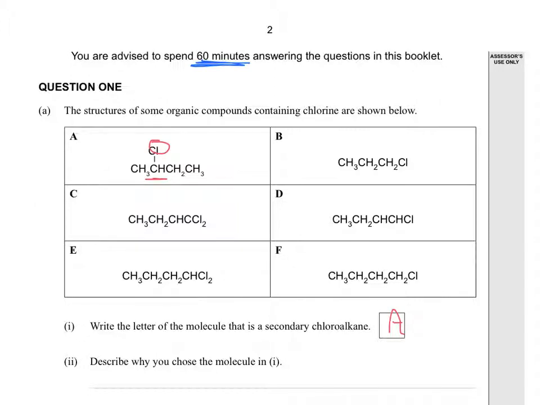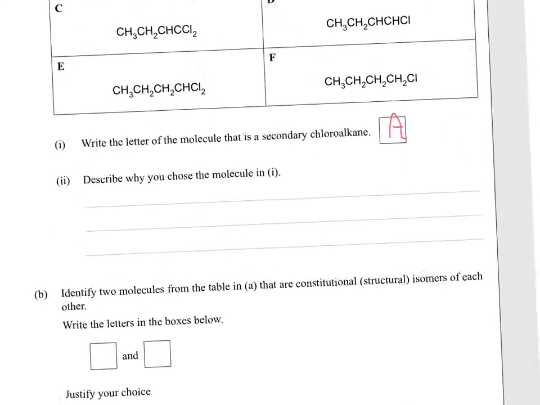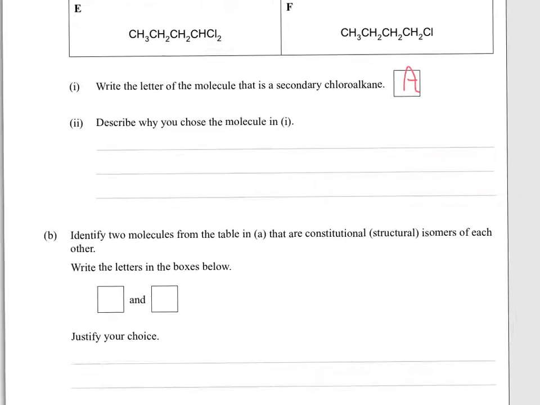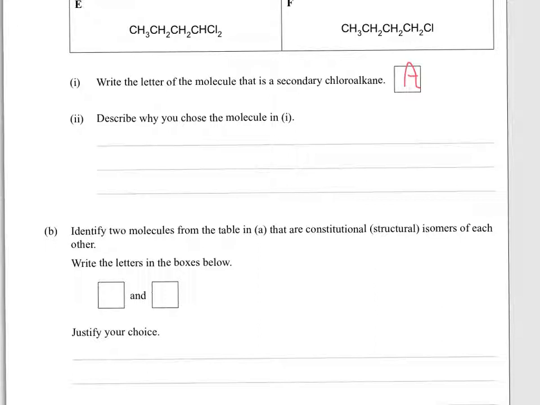Okay, they want us to tell us why. Well, we kind of just said that, but let's write it down. Describe why we chose this molecule. So in this case, it's because the carbon the chlorine is attached to is bonded to two other carbons.